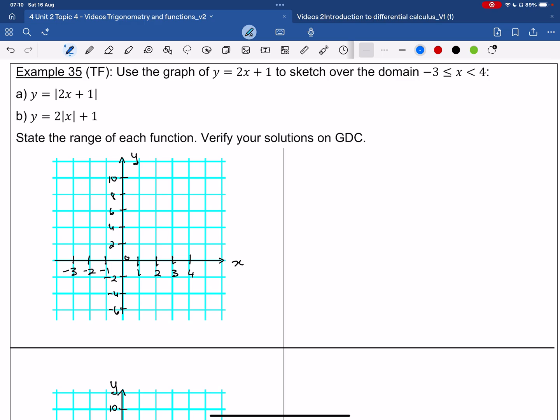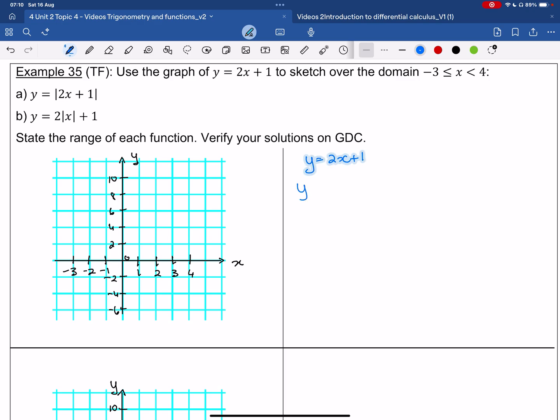So let's start off by sketching y equals 2x plus 1, and I'm going to specifically find the x and y intercepts of this function, because those are the critical points that I'm going to use when I'm working with my absolute value functions.